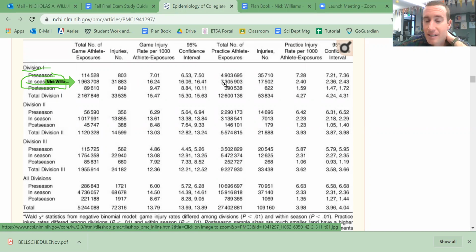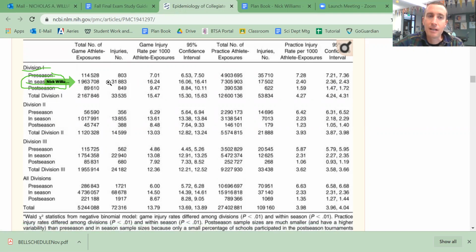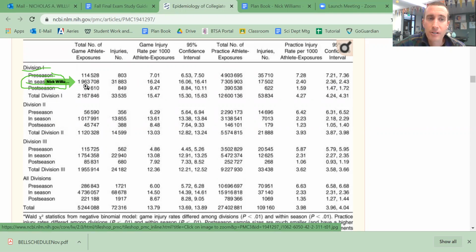Then in practices, I see 7.3 million exposures, 17,000 injuries for a rate of 2.4 injuries per 1,000. So looking at this row, in season, would it make sense, first comparing the number of exposures, 1.9 million games to 7.3 million practices?